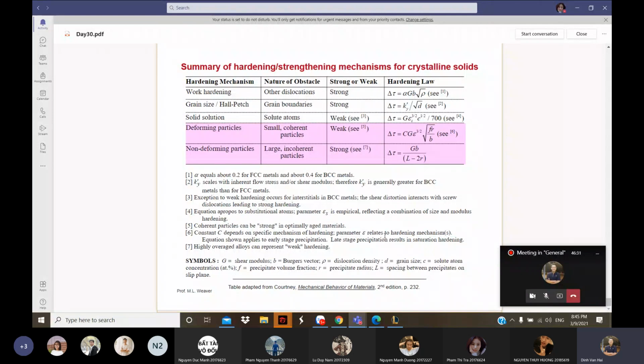The hardening law means that we use this kind of equation to calculate the shear stress, the maximum needed to make the dislocation move, or the material be deformed.